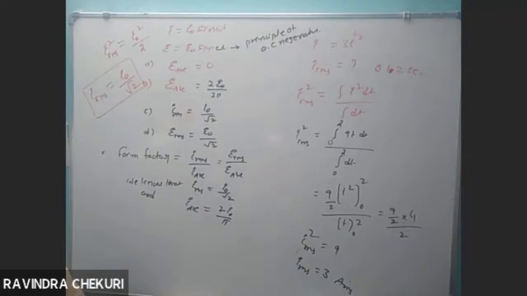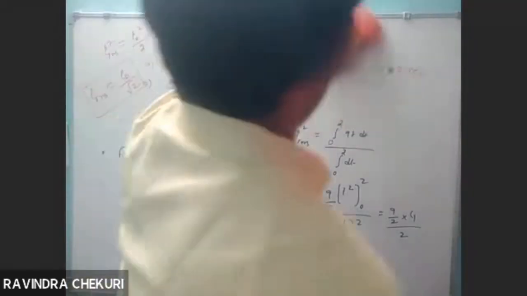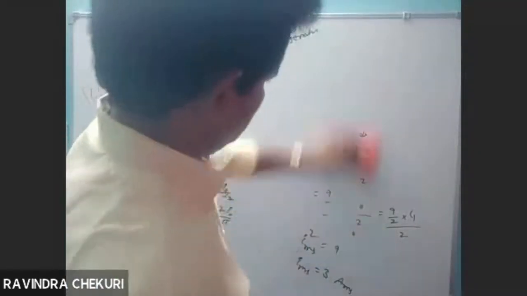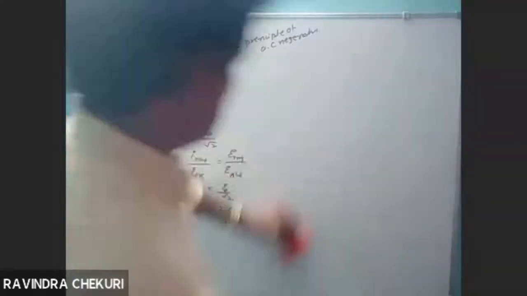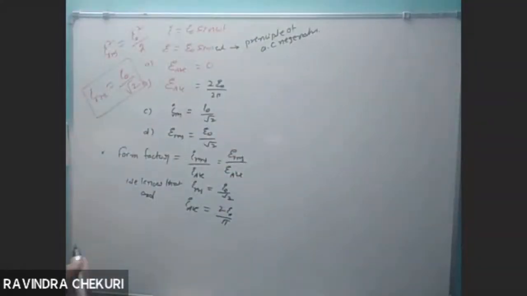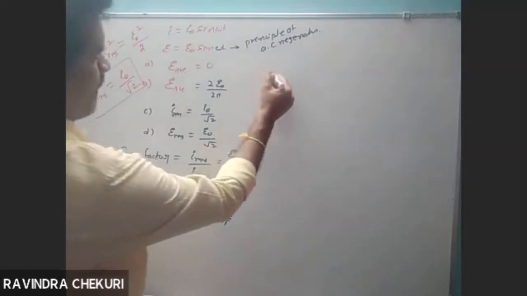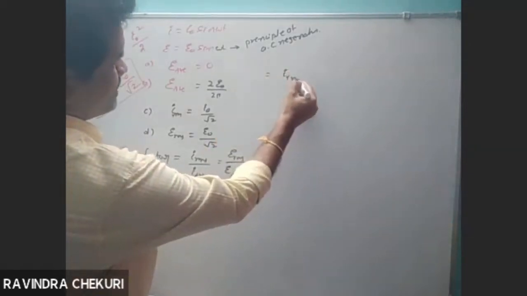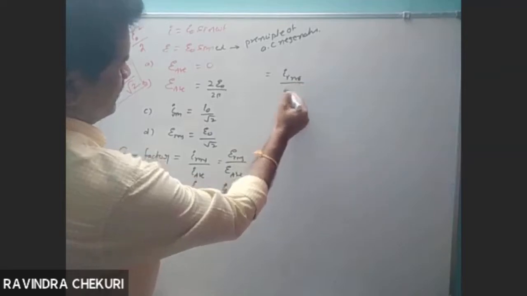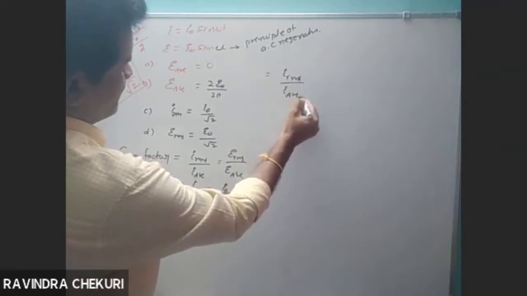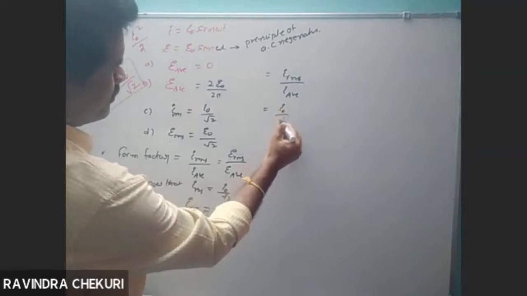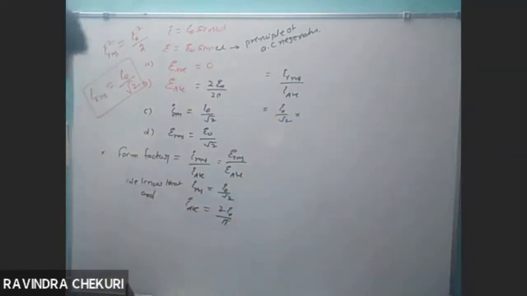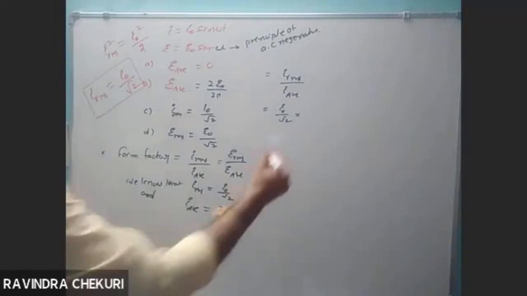What is the form factor? Substitute both values. Form factor is equal to IRMS divided by I average over half cycle, so I naught by root 2 divided by 2 I naught by pi.